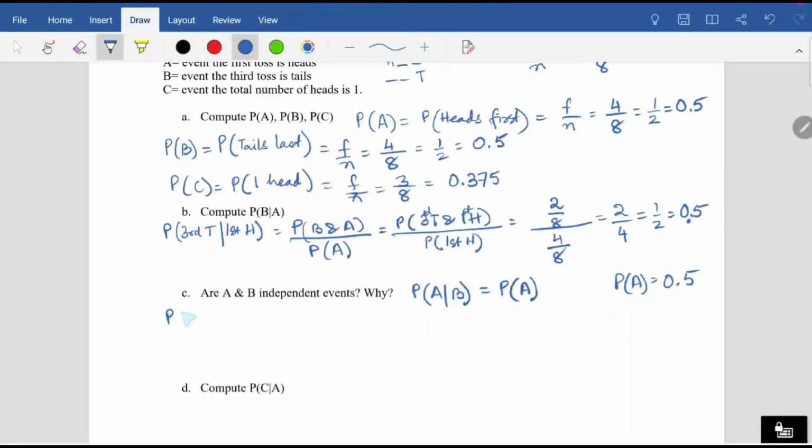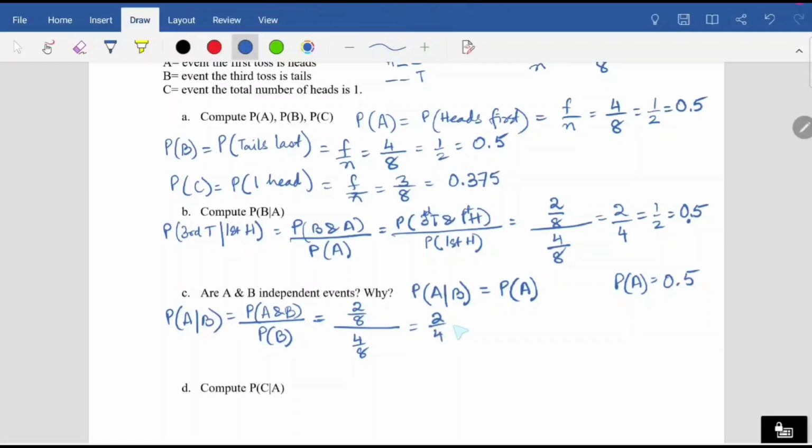So probability of A given B, the formula for that will be probability of A and B divided by the probability of B. Probability of A and B would be the first toss being a heads and the third toss being a tails. It's going to be 2 over 8 divided by the probability of B, which is 0.5, it's 4 over 8.